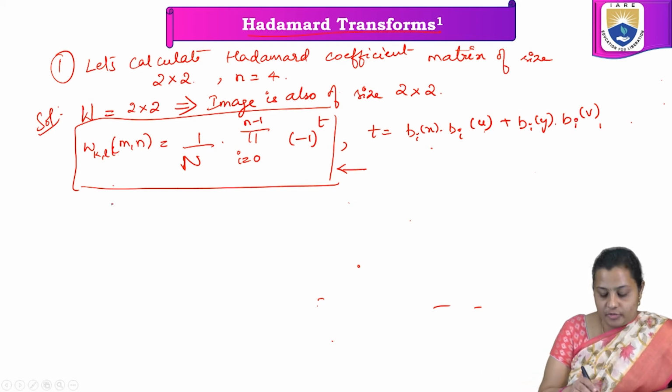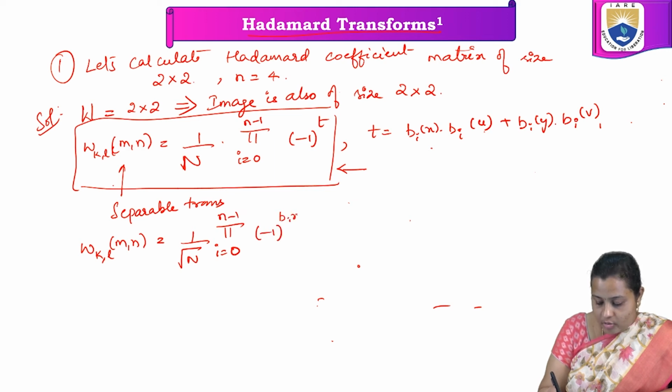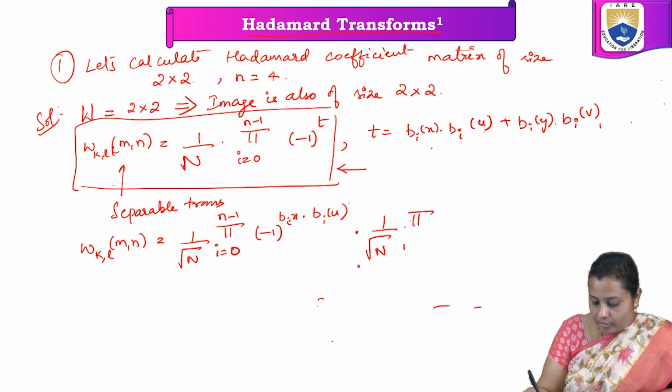If we observe here, we can say that this Hadamard transform is a separable transform function. How? We can say that K of l m n is equal to 1 by square root of n, product over i equal to 0 to n minus 1 of minus 1 power bi of x into bi of u, into 1 by square root of n, product over i equal to 0 to n minus 1 of minus 1 power bi of y into bi of v.